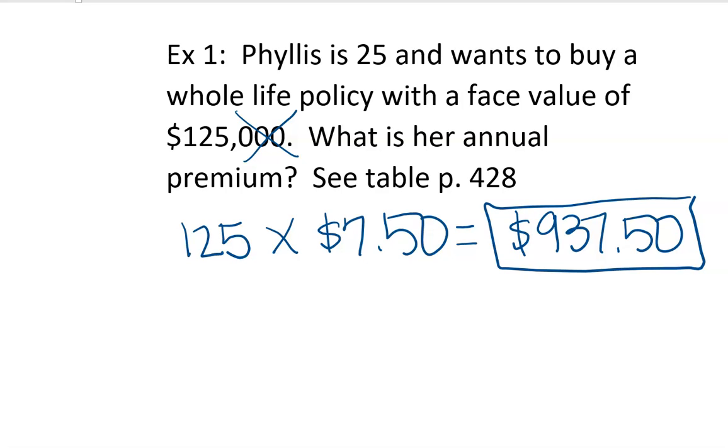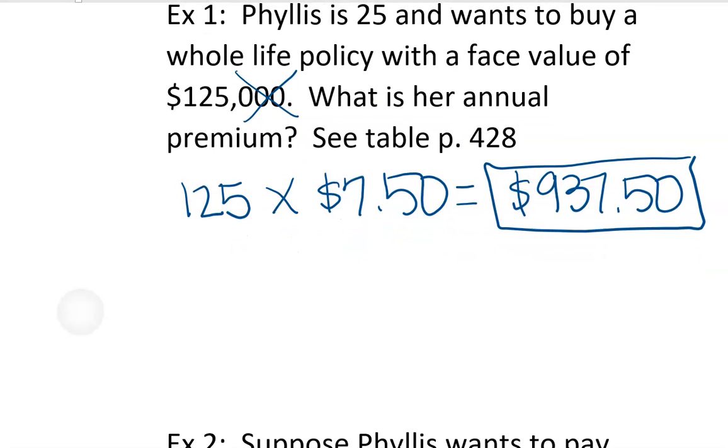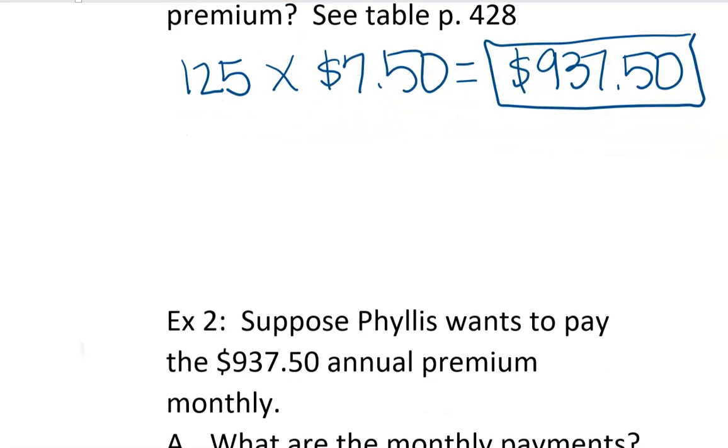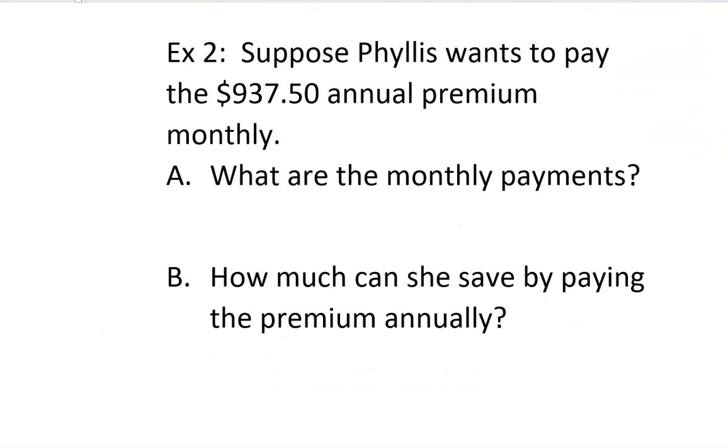Now, what if you wanted to break that up into monthly or semi-annually or something like that? There's a little table below, and we want to figure out how to divide it into monthly payments. You would be thinking, let's just divide it by 12, but you can't because they tack on extra fees because they have to do more paperwork. So look at the table on page 428.